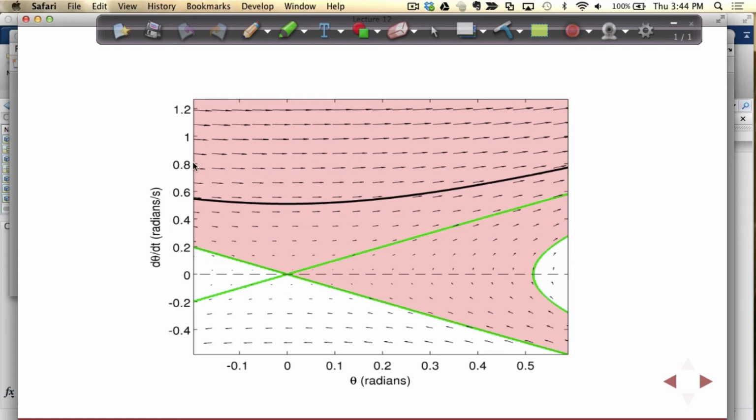If I define my coordinates like this, and I ask for the Lyapunov function by solving this Riccati equation backwards in time, and then I just check when that works with sums of squares, then I get a reasonable estimate of the basin of attraction.